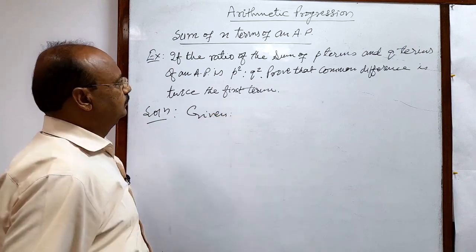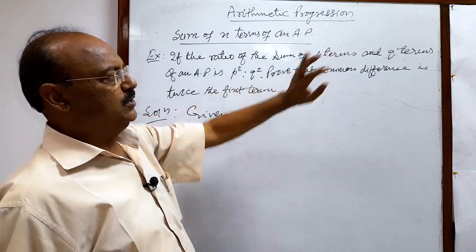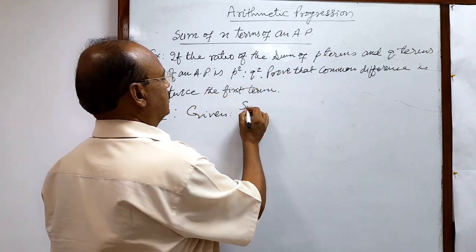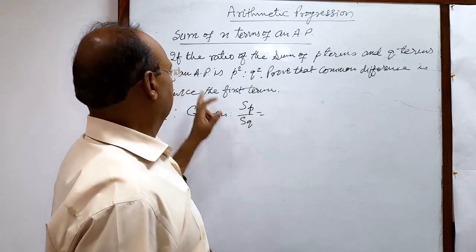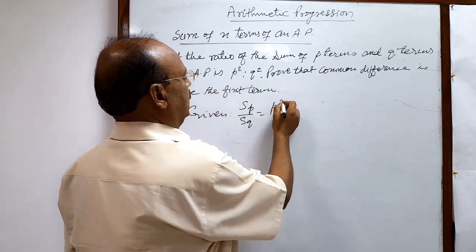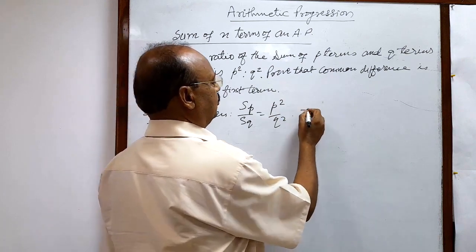What is given? The ratio of the sum of p terms and q terms, meaning sum of p terms upon sum of q terms, is equal to p square by q square. Okay, and what do we have to find?